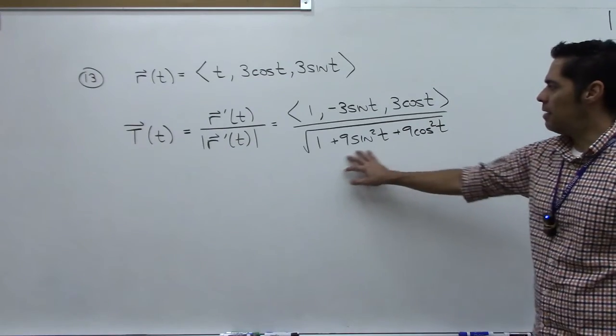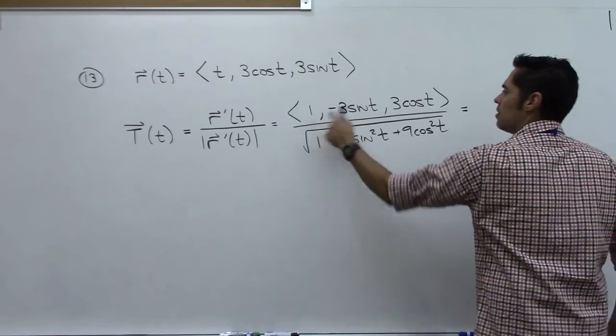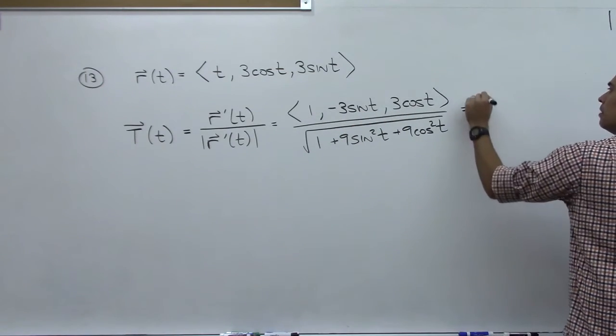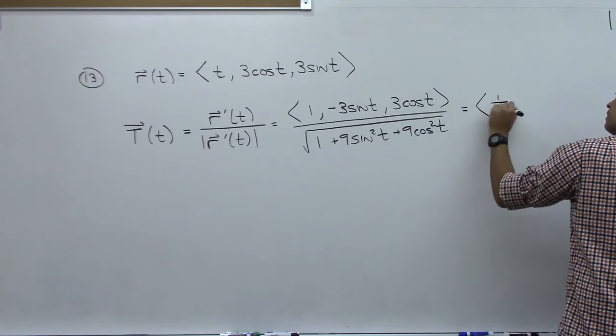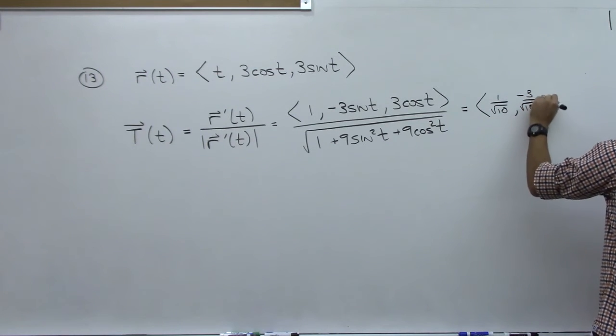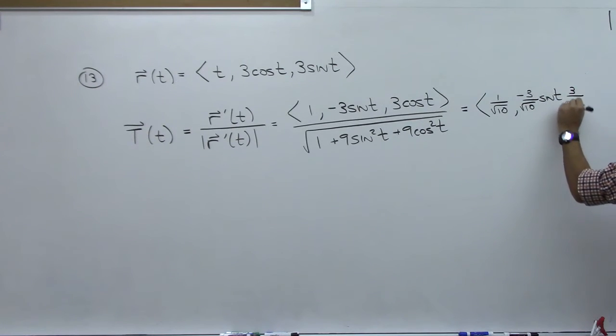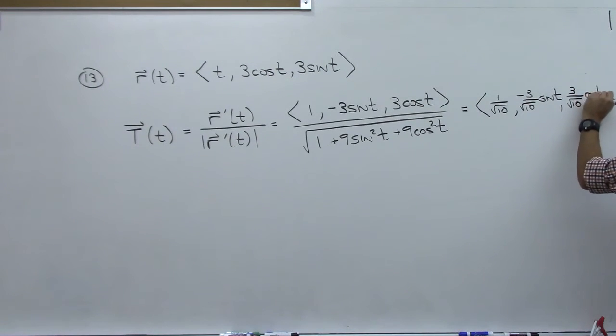If you work this out, you're just going to get root 10. So essentially, you're going to take each of these components and divide by root 10. So you get 1 over root 10, negative 3 over root 10 sine t, I'm running out of room, 3 over root 10 cosine t.